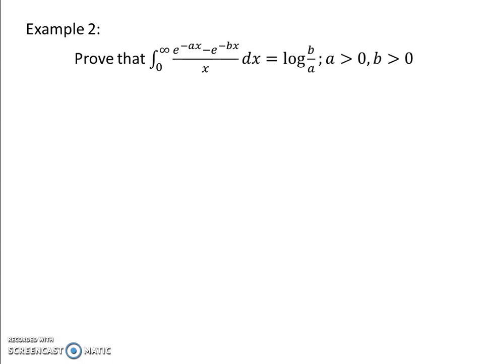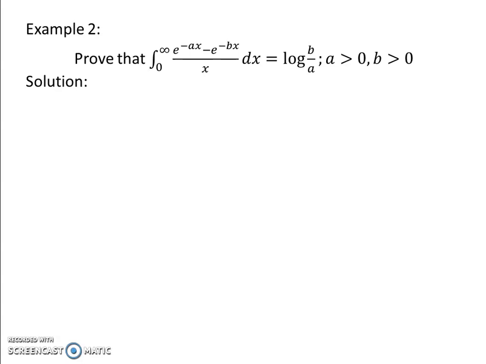As integration value is equal to log of b upon a, that depends on these parameters, hence we can use DUIS to find the integration. Again, observing the limits are from 0 to infinity, that means both the limits are constant, hence we will use rule number 1 to solve this.